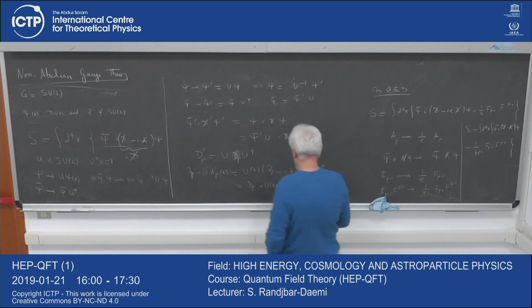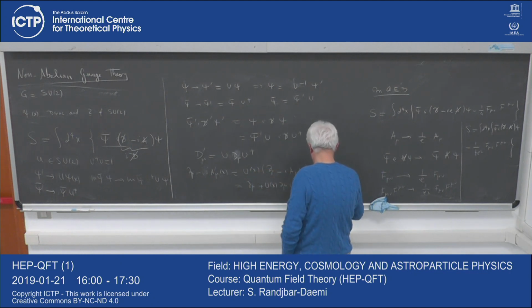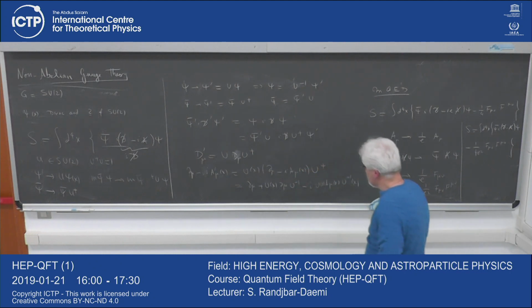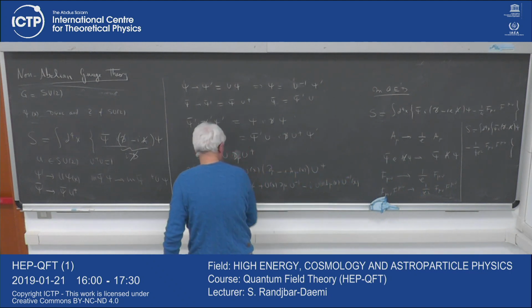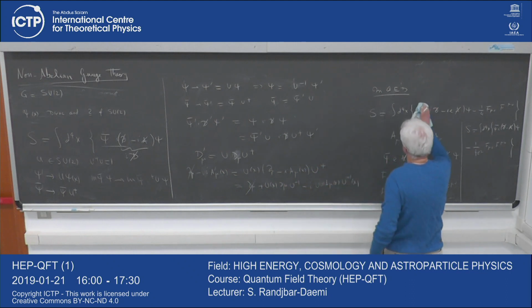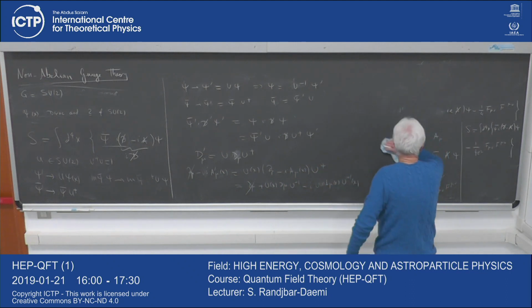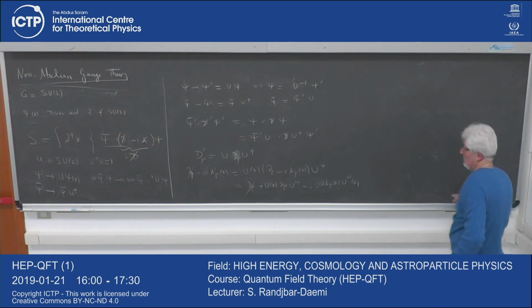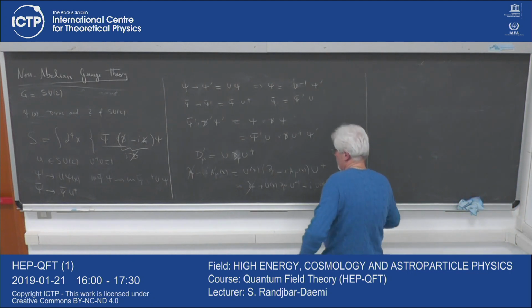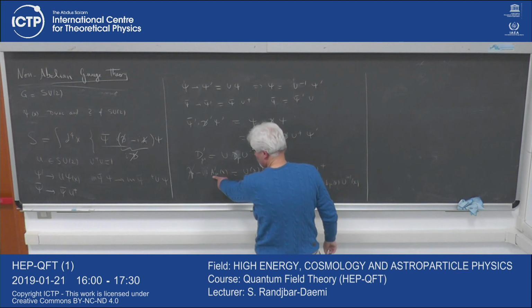minus I U A mu times U dagger of x. From here you can find out how A prime is related to A. So if these go away, you have A prime.